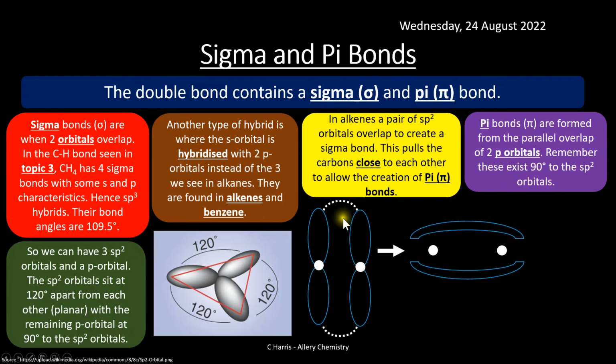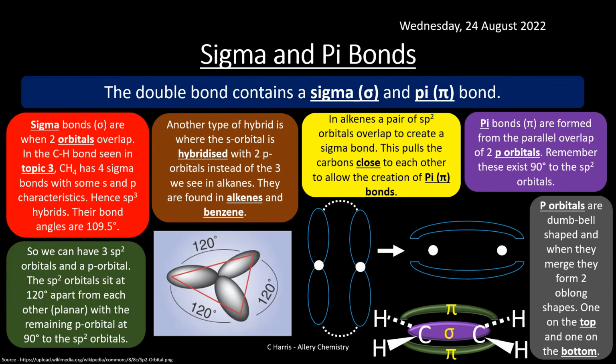So a pi bond is effectively not the hybrid orbital, it's the p orbital that was left behind that merges with the neighbouring p orbital in the next carbon atom, and it forms this hot dog bun shaped orbital, and this is your pi bond. The pi bond is effectively the double bond. So you have a sigma bond in between the two, and then you have this pi bond over the top there. Remember these exist at 90 degrees to the sp2 orbitals, so they're on the top and the bottom, like there.